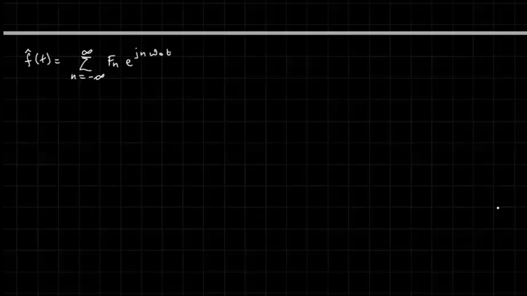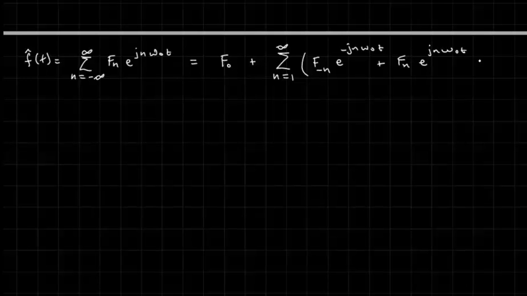So here's our reconstructed f hat of t, and we're going to rewrite the sum. Instead of being from negative infinity to infinity, we'll write a 0th term, and then we'll go from n equal 1 to infinity, and we'll sum two terms: f of minus n e to the minus j n omega naught t plus f of n e to the j n omega naught t.